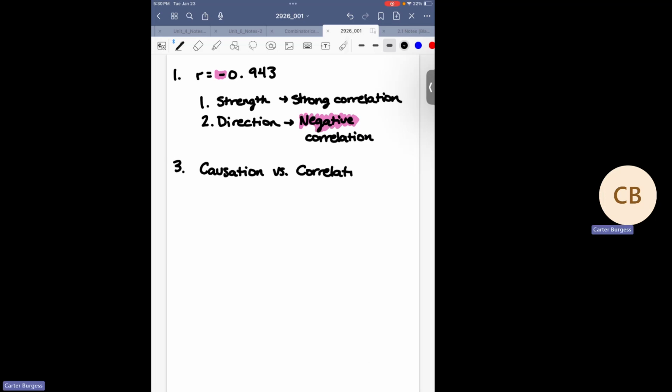Now, first period had some really good questions about this particular topic. A couple of things that I want to highlight from that discussion. Of course, we have our normal rules. For causation, we're looking for our buzzwords of things like experiment or study.